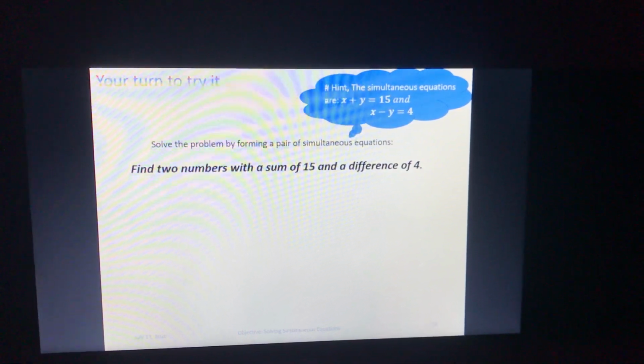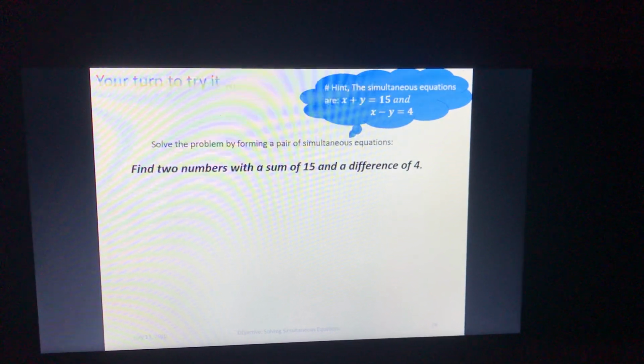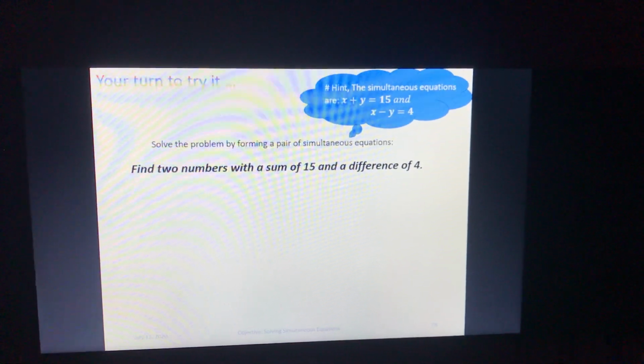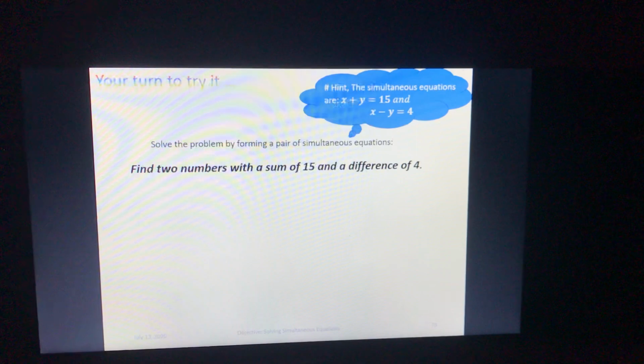If the first number is x and the second number is y, the sum means the addition of the two numbers. So it's x plus y is equal to 15. This is my first simultaneous equation. And the difference, which means the subtraction, x minus y is equal to 4.